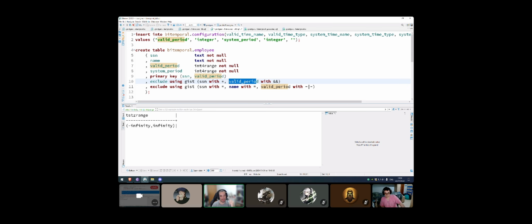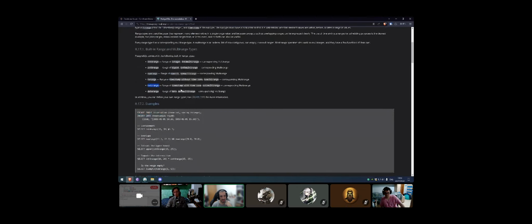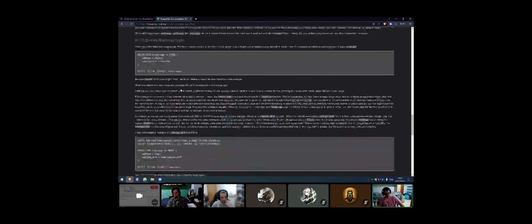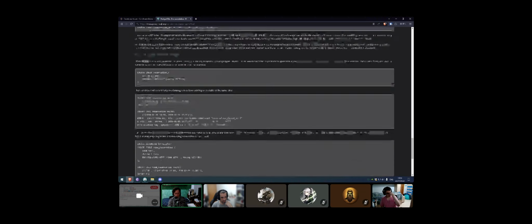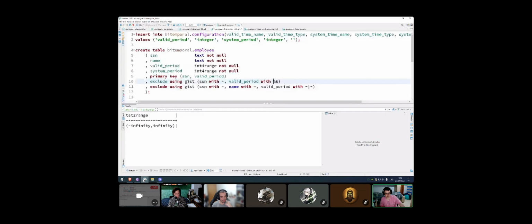We must do the overlap check. Oh, okay. So the && is an overlap. Cool. Yeah, that's an operator for ranges. I am a little bit surprised that it doesn't come out of the box with that for ranges. Like, if I put a range in a primary key slot, why do I have to put the overlapping myself?